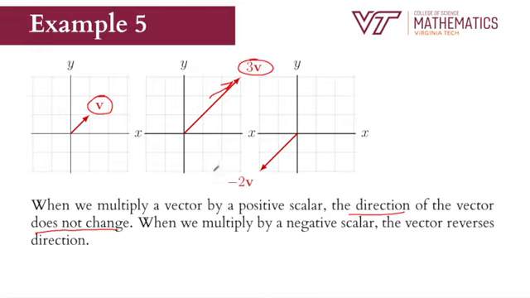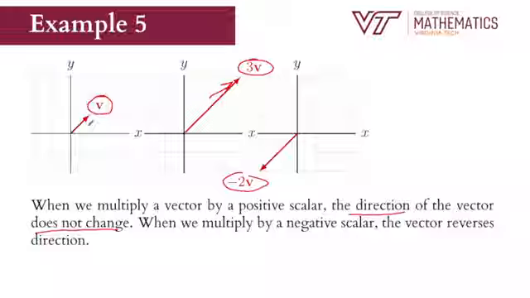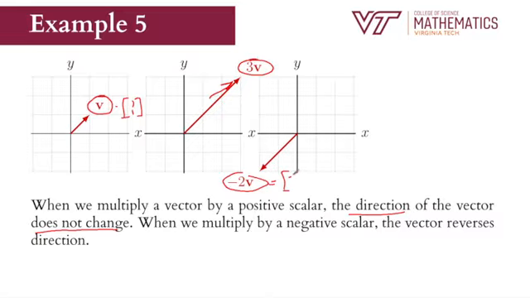But when we multiply by a negative scalar, like negative 2v, then the components change sign. And so this vector that was originally 1, 1, is now negative 2, negative 2. And therefore the direction has reversed.